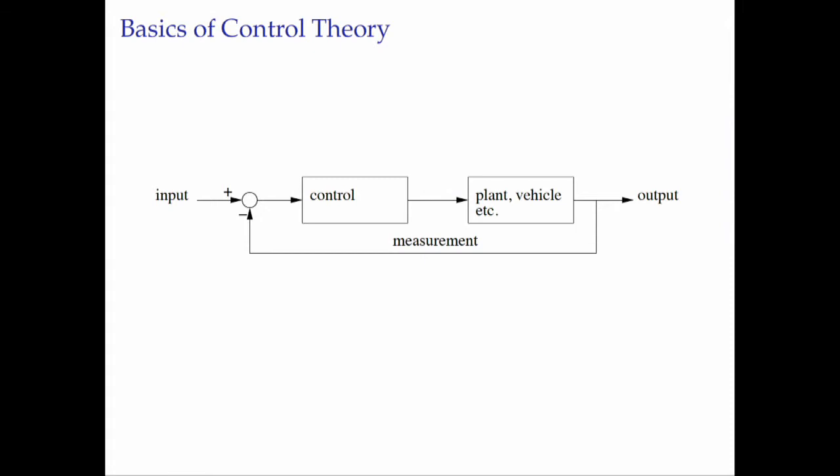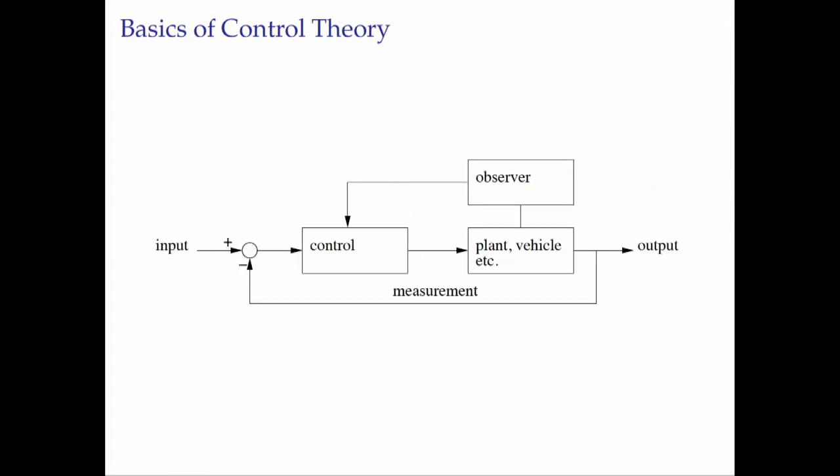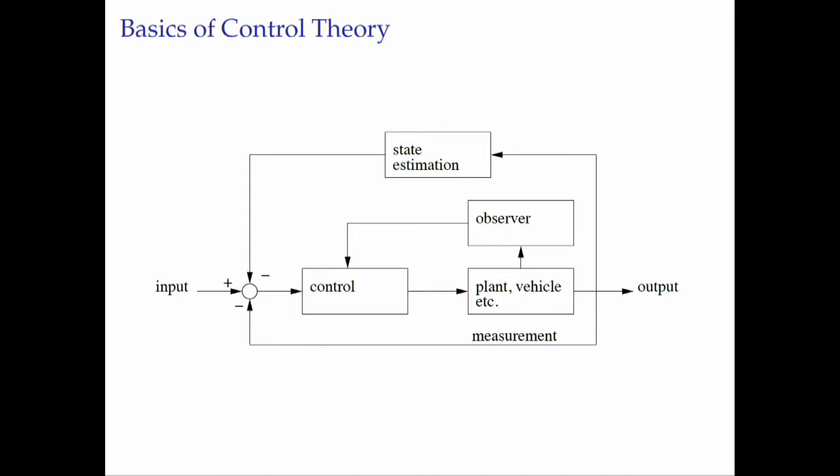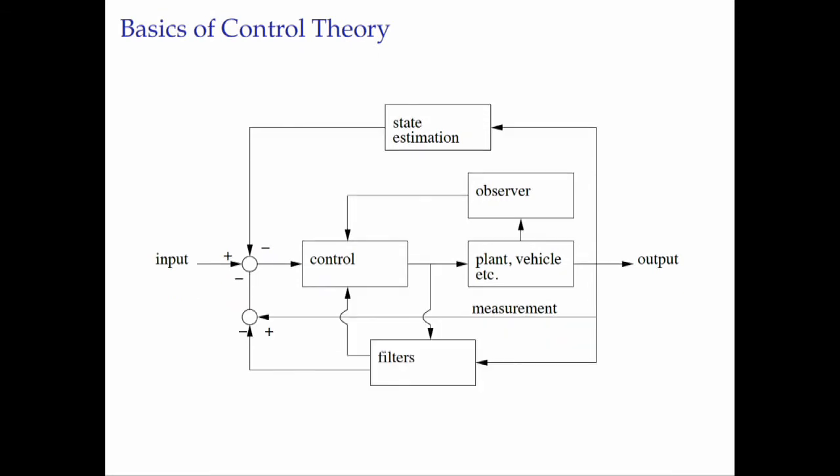But that as well can get arbitrarily complex, so just adding an observer of where your plant is, or for example, doing some state estimation like, okay, I don't know where it is because I can't measure it, so I'm expecting it to be somewhere, and then I'm doing something and hoping it's doing what I want it to do. Or some filters to filter out noise, errors, whatever.